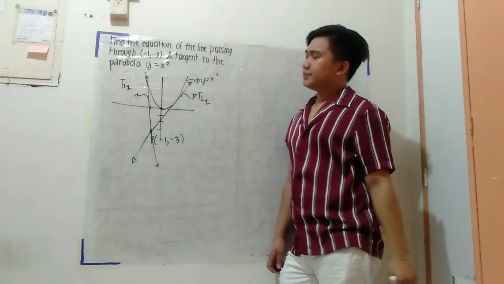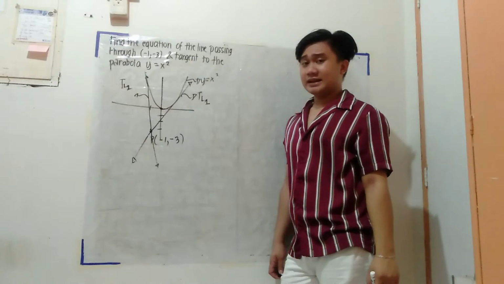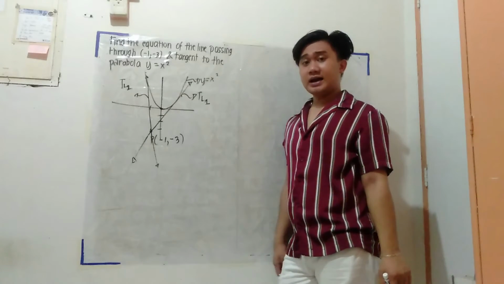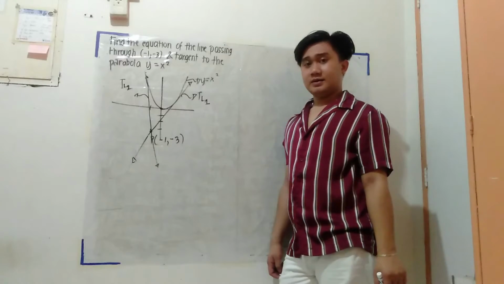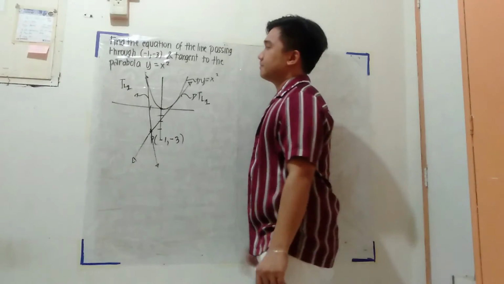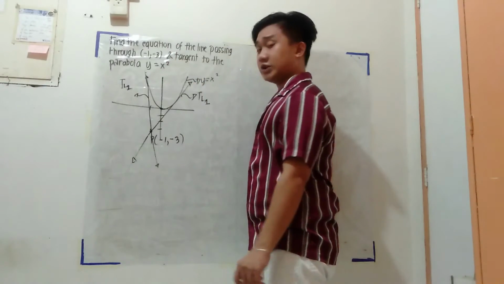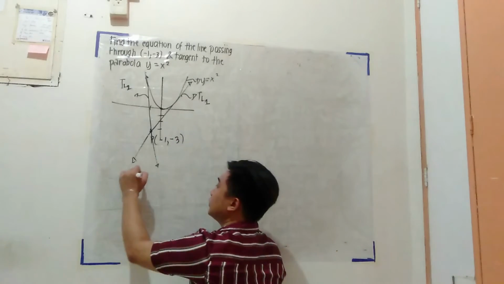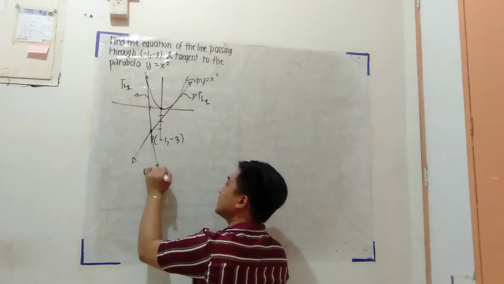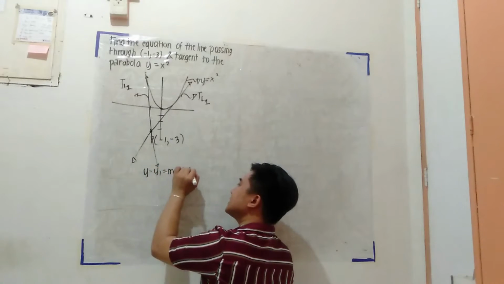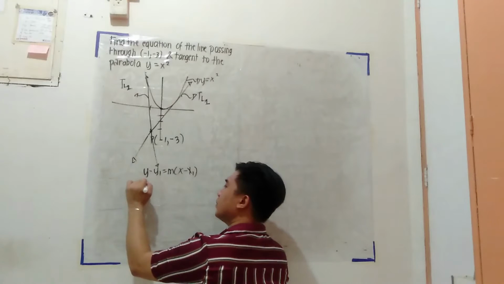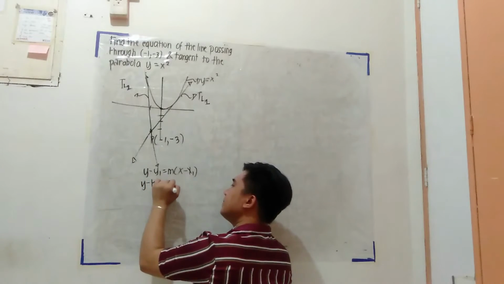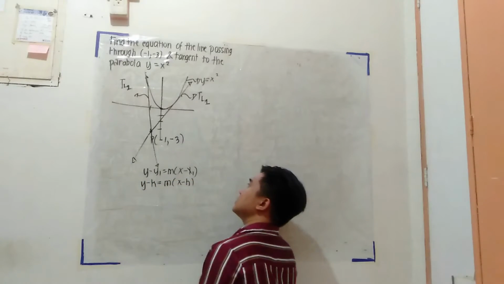So, as of now, ang pwede nating panghawakan is that meron tayong dalawang equation na makukuha. Okay? So, magsimula tayo sa equation ng line using point slope form. Yung y minus y sub 1 equals m times x minus x sub 1. Or simply, y minus k is equal to m times x minus h.